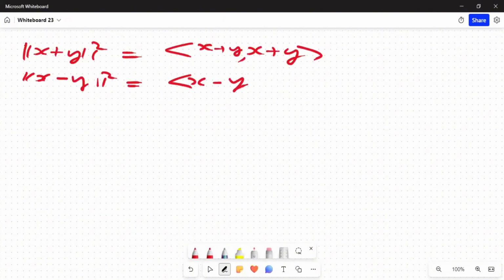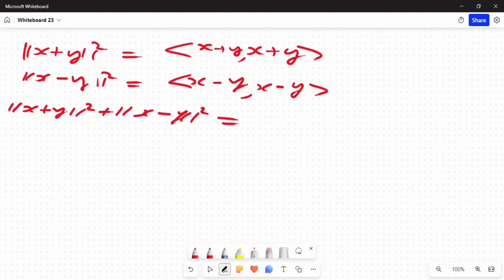On the left, this is equal to the inner product of x minus y, comma, x minus y. Is it not? So that the norm of x plus y all squared plus the norm of x minus y all squared will be equal to this plus this.